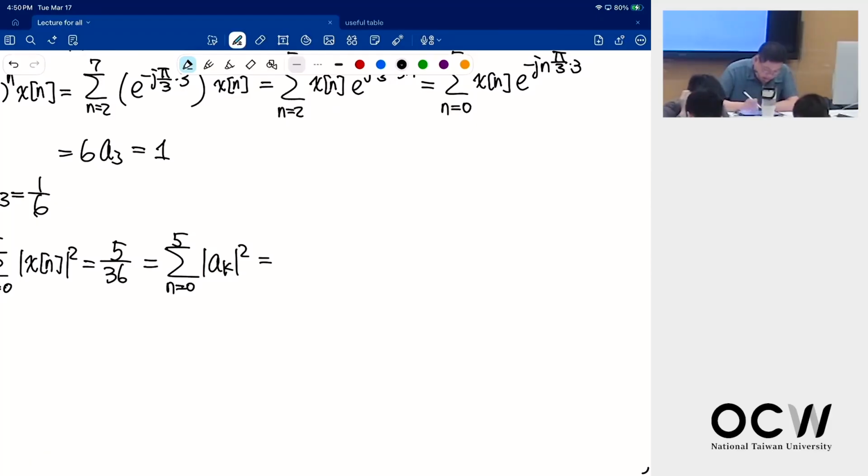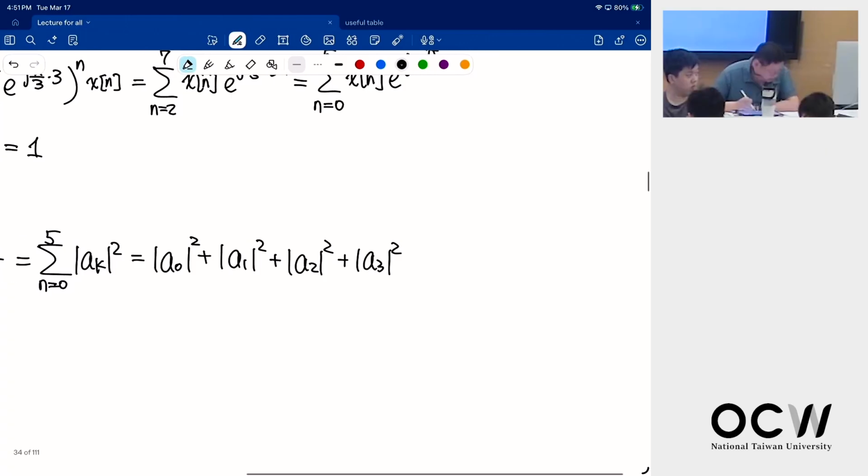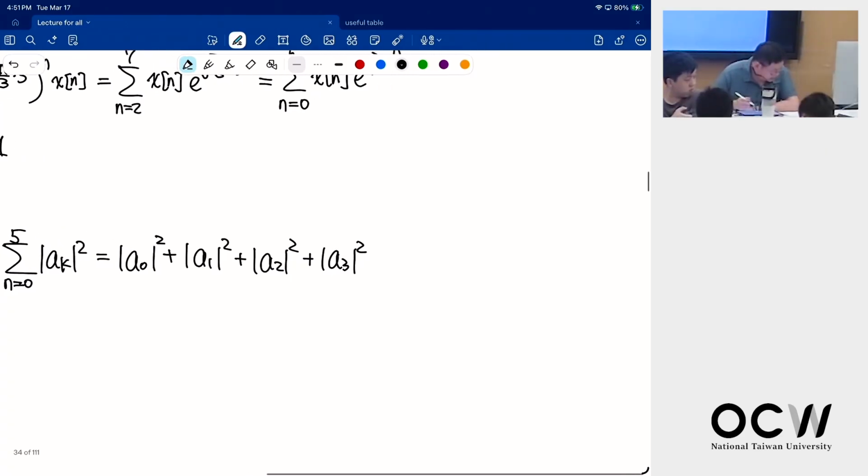That is A naught squared plus A1 squared plus A2 squared plus A3 squared and A4 squared, also A5 squared.